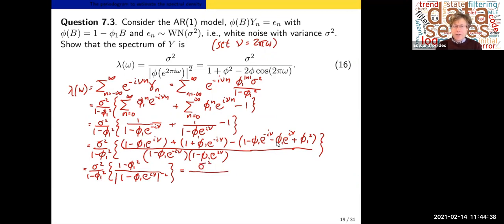I can notice 1 minus phi 1 e to the I nu is formally just the AR1 polynomial of e to the I nu, squared, which by putting nu as 2 pi omega gives me what I have in equation 16.